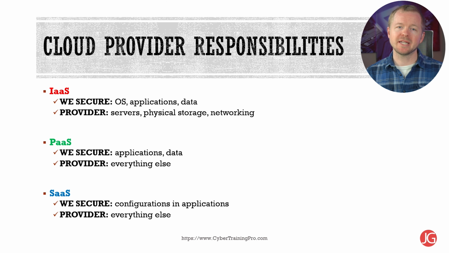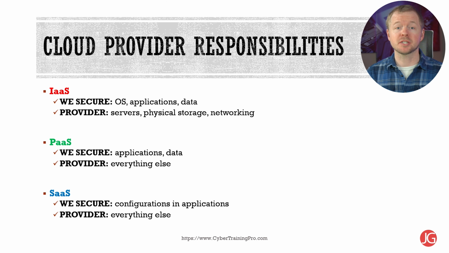When it comes to responsibilities in the cloud, it really does depend on what you've deployed and how you've deployed it. When we spoke about the service offerings of infrastructure as a service, platform as a service, and software as a service, we briefly touched on the cloud service provider's responsibilities versus the customer, which is our company. As a refresher, it basically works like this. Infrastructure as a service, we're responsible for securing the operating system, applications, and data.